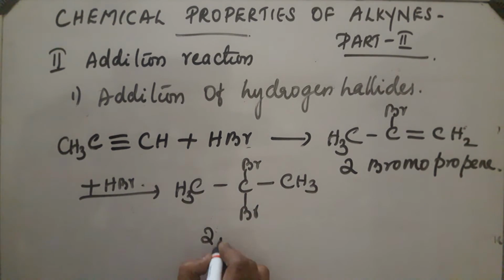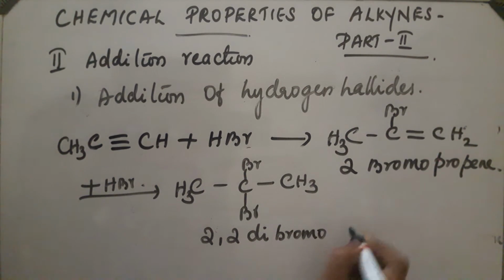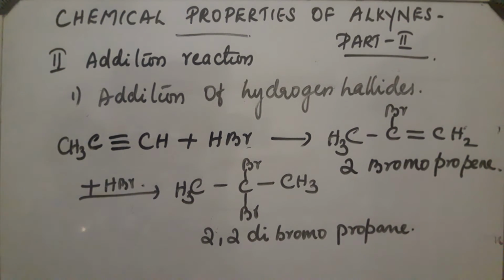So, 2,2-dibromopropane will be obtained. This will be the product in the case of hydrogen halides. It follows Markovnikov's rule. Okay. Now, 2,2-dibromopropane.